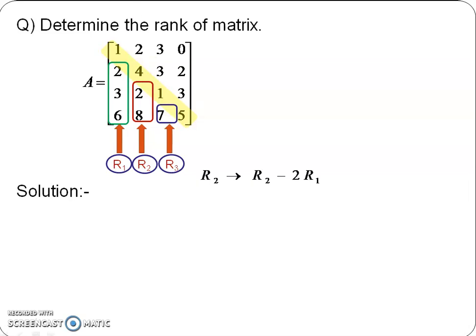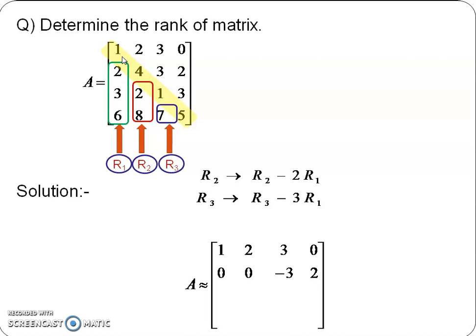For converting the R2 row, we perform the operation R2 changes to R2 minus 2R1. We'll get the entries 0, 0, minus 3, 2. For converting this 3 to 0 with the help of R1, we perform the operation R3 changes to R3 minus 3R1.